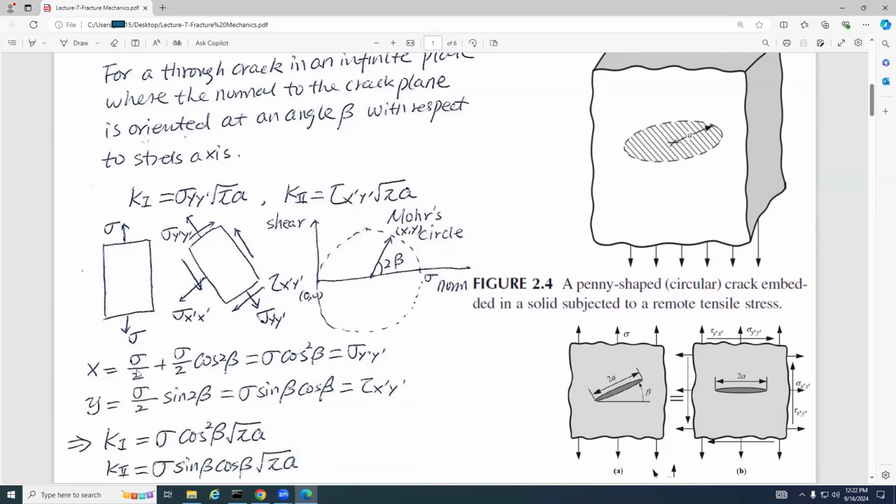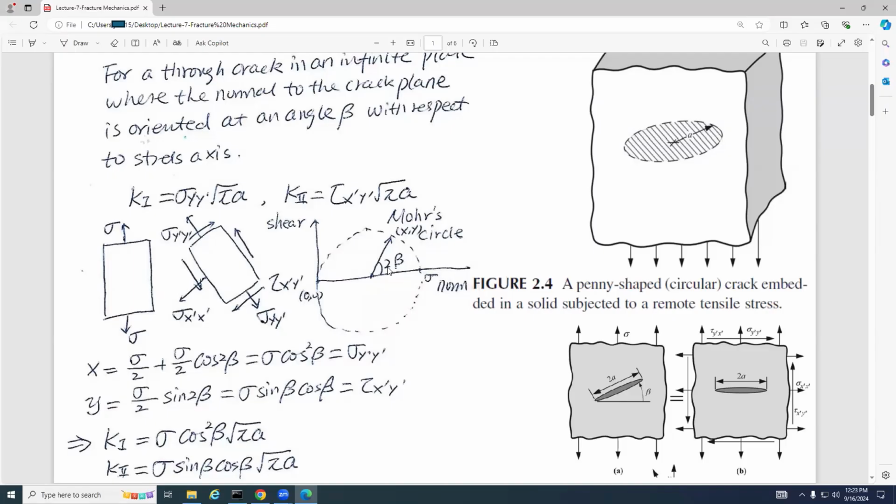So in the x direction, we have this. Suppose this is rotated by beta. In this figure we are using beta; it does not make any difference. In the x direction we have sigma cosine square beta. So this is our tau y prime, in this direction, sigma y.